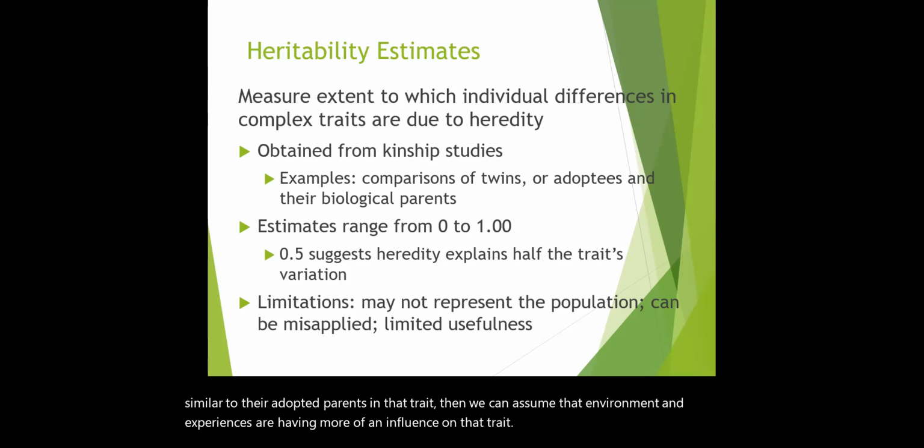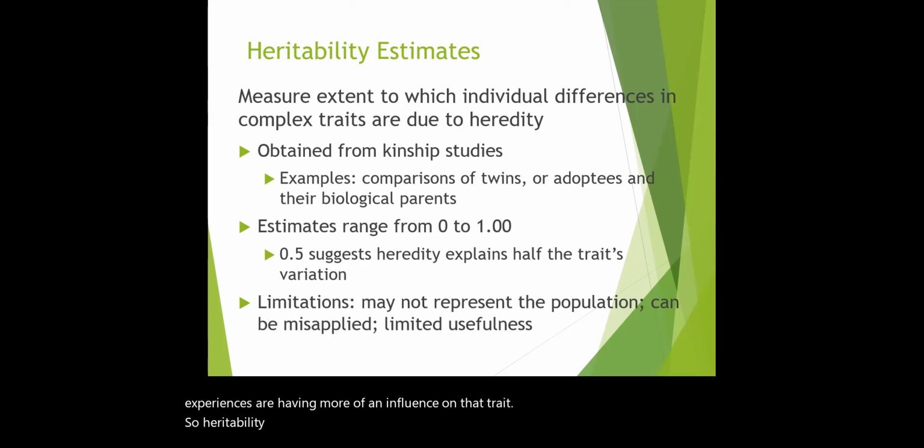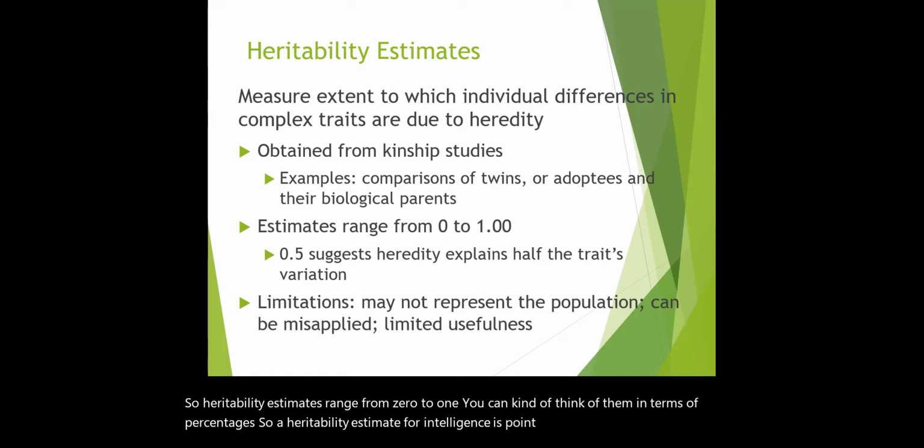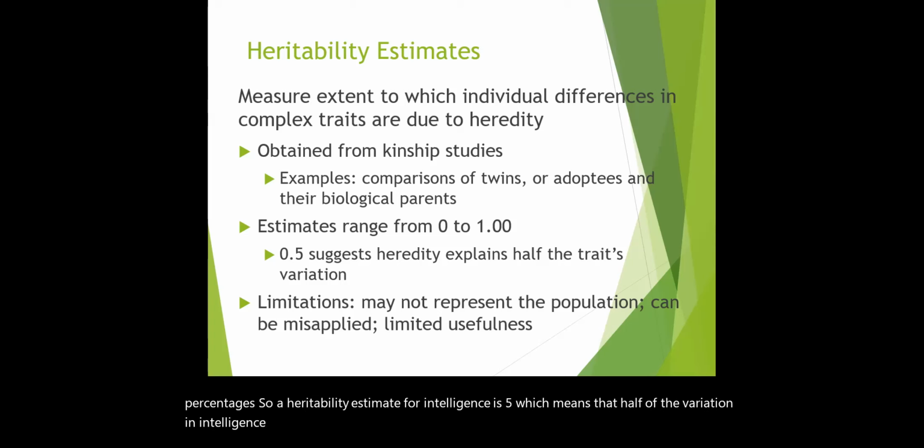So heritability estimates range from 0 to 1. You can kind of think of them in terms of percentages. So a heritability estimate for intelligence is 0.5, which means that half of the variation in intelligence person to person is due to genetics.